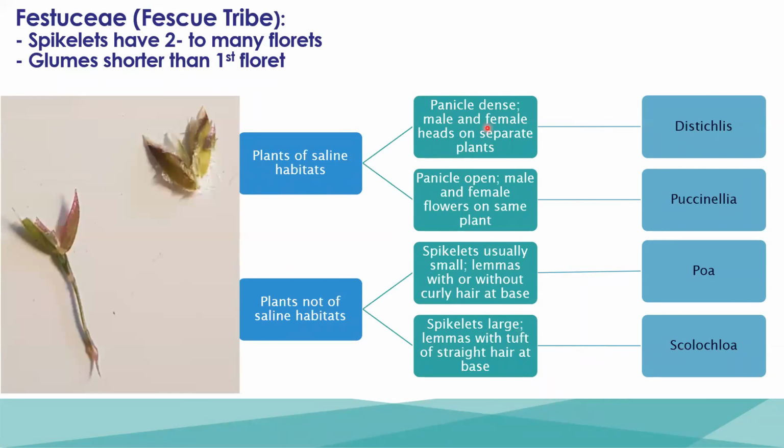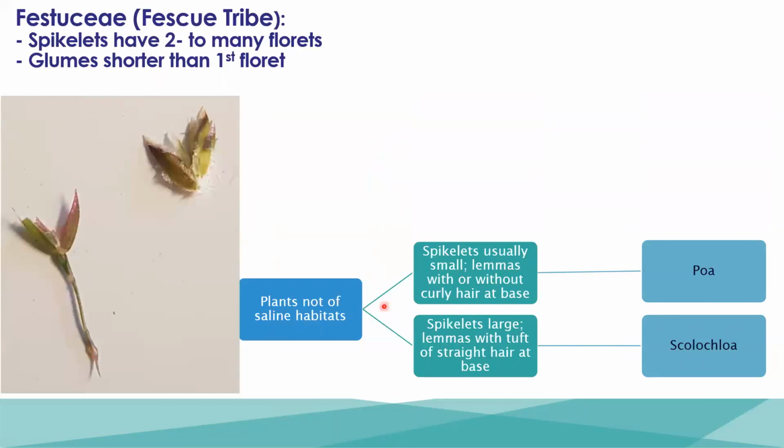And if you were in a saline habitat, the next set of questions are asking if you have male and female parts on separate plants or on separate flowers. If you were to pull this plant apart, you would see that there are stigmas and anthers coming out, so none of that fits. That on top of, we weren't in a saline habitat, we were actually in a parking lot when we pulled this one.